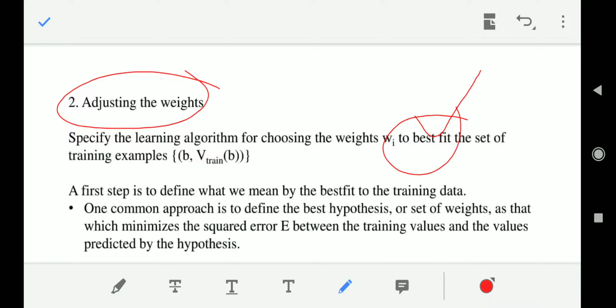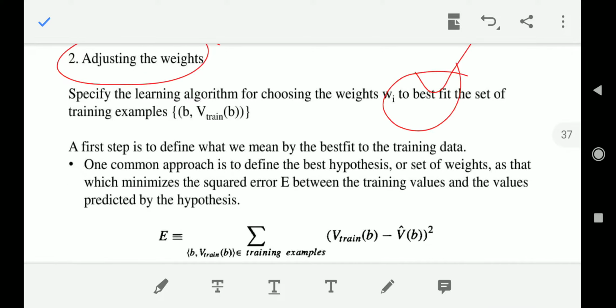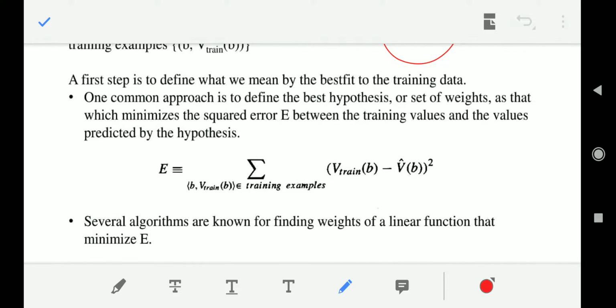Here also, by taking the successor move as the training value, whether it is helping me to win the game or lose the game, and what is my error, that we calculate by squaring the error. Why do we square the error?